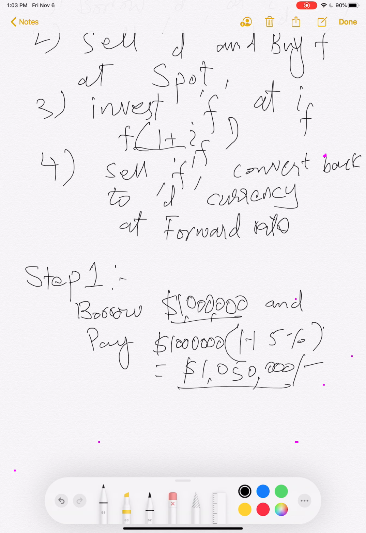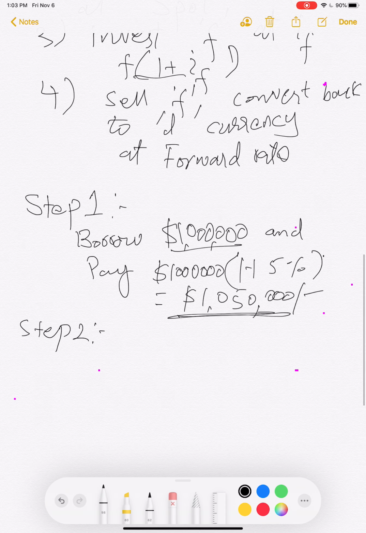Now we know the number we need to pay, but in this step 2, because we have $1 million, we will convert this into the foreign currency at the spot rate. What was the spot rate?